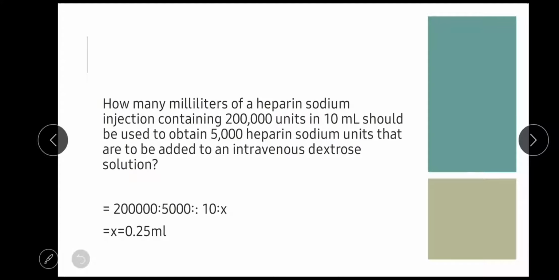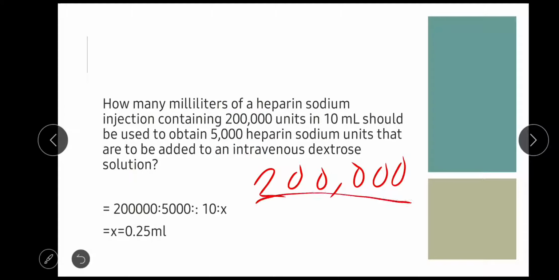Next, how many milliliters of heparin sodium injection containing 200,000 units in 10 ml should be used to obtain 5,000 heparin sodium units?